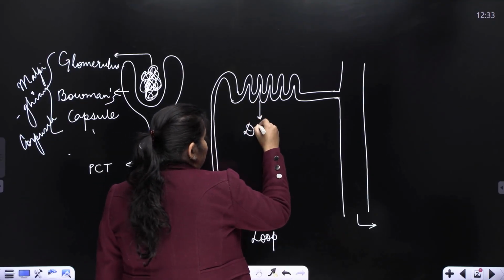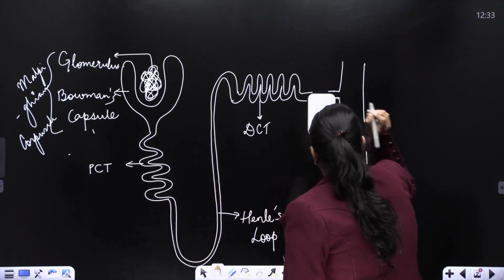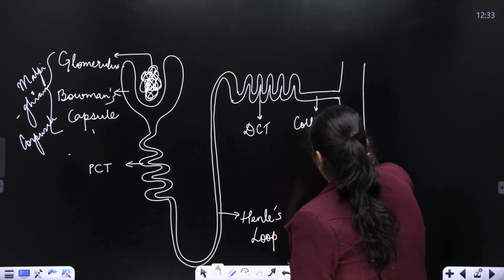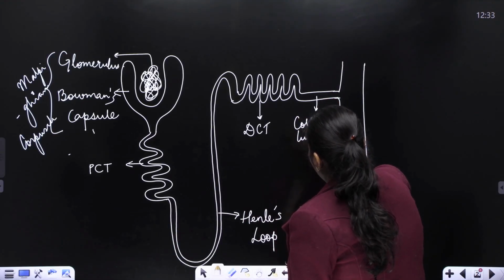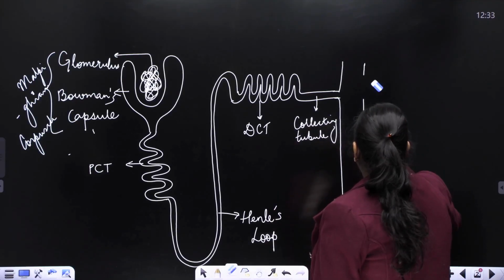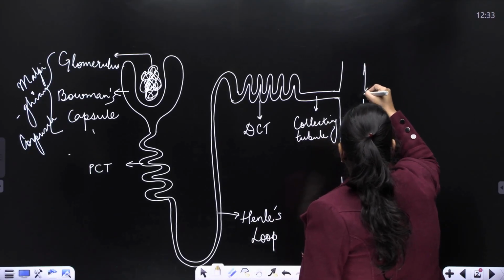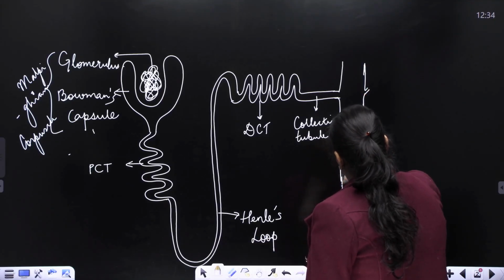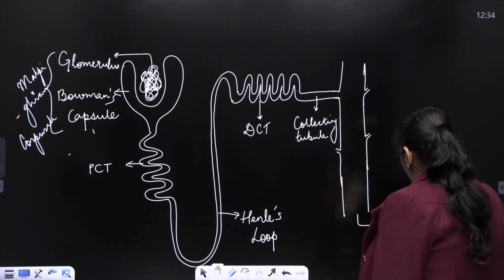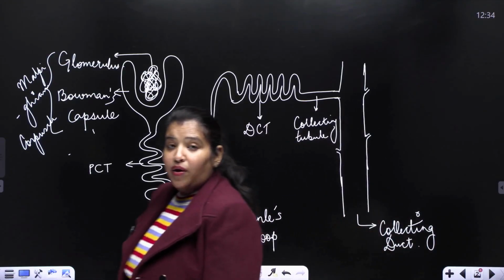This one is the DCT, the distal convoluted tubule, and this leads into the collecting tubule, and the collecting tubules from various nephrons open into a common collecting duct, which leads to the outside of the kidneys. All right, so I hope I'm clear with this part.